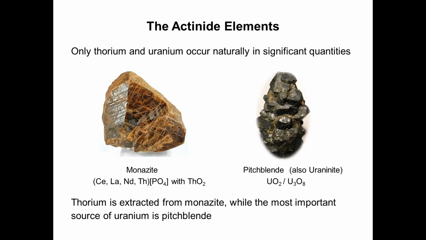thorium oxide, up to 28% usually, whereas uranium is in most cases or predominantly obtained from pitchblende, also called uraninite. And this mineral mostly contains uranium-4 oxide, but also contains some uranium-5,6 mixed oxides as the U3O8 shown over here.